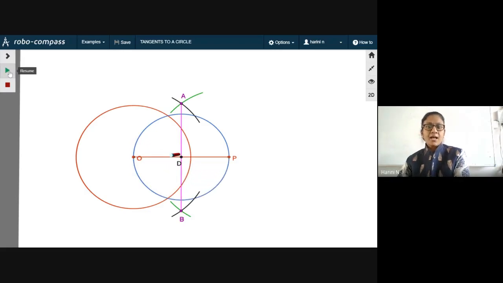You have drawn a second circle intersecting the previous circle. I have maintained it in two different colors for that reason only. So can you see the two circles are intersecting at 2 points?